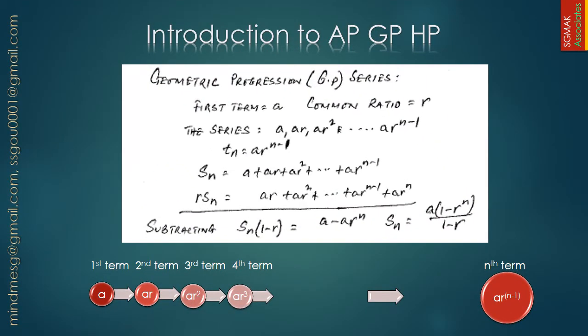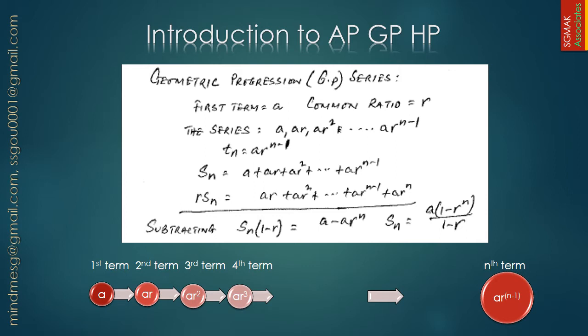Let's look at geometric progression, the GP series. It also has two pieces of information that completely define the geometric series: one is the first term and the other is the common ratio. The property here is that if you take any two successive terms, the ratio stays the same. So the second term over the first term is the same ratio as the third over the second, and the fourth over the third.